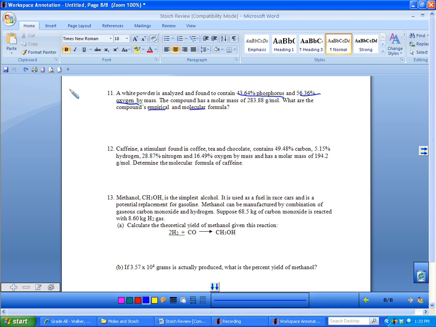That's the one where you say percent to grams, grams to moles, divide by small, multiply to whole.